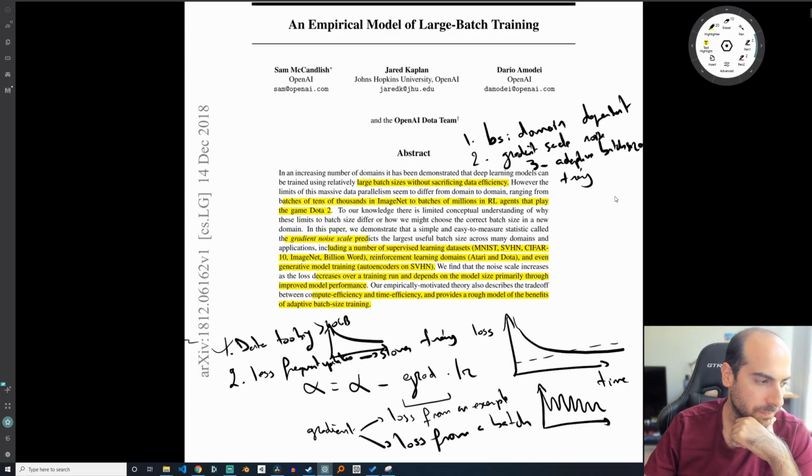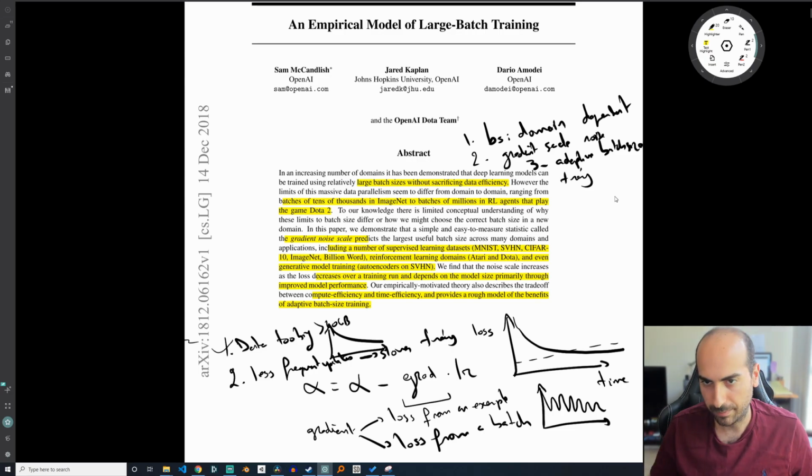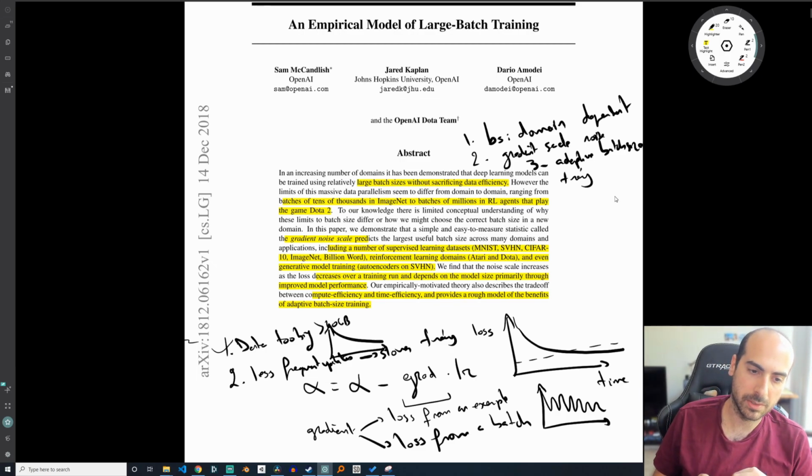The other is this idea of adaptive batch size training. So what is this about? The idea is that increasing batch sizes is a form of data parallelism because you're effectively working with a bunch of examples at the same time. And typically for devices like GPUs, you need to make sure that it's not bottlenecked by your I/O, so you need to give it enough data for it to be worth sending something to the GPU. This is something I talk a lot about in my model and data parallelism tutorial, so go check them out if you're interested.